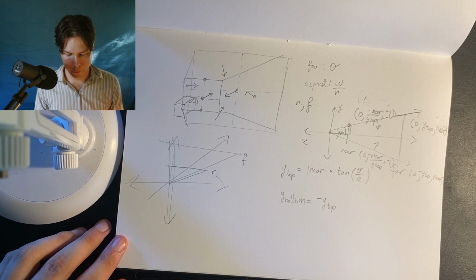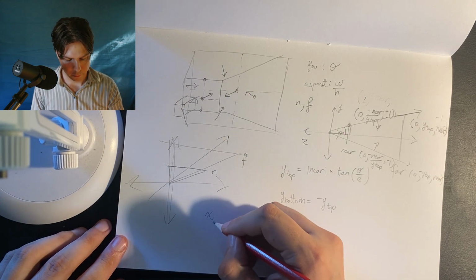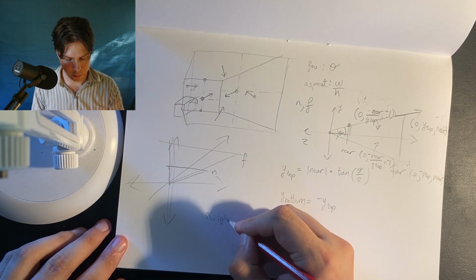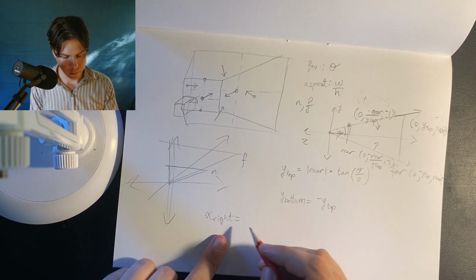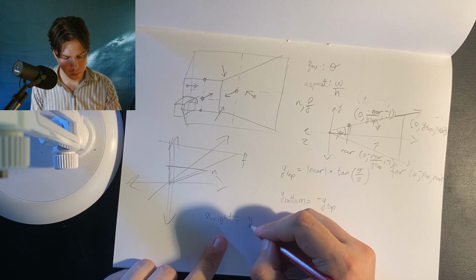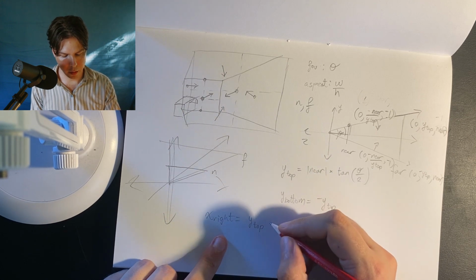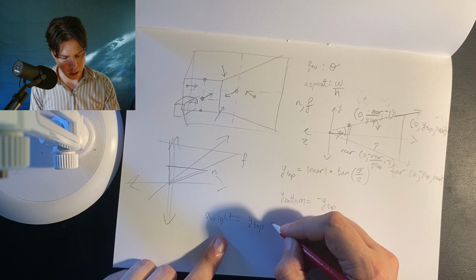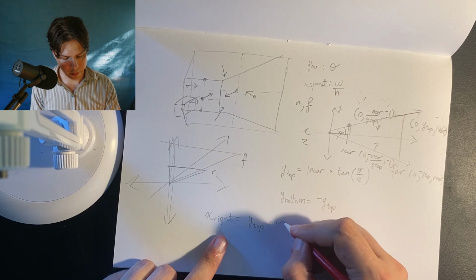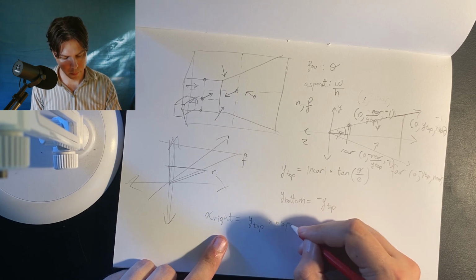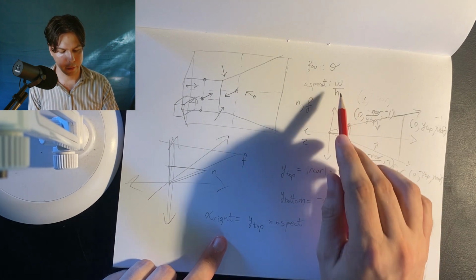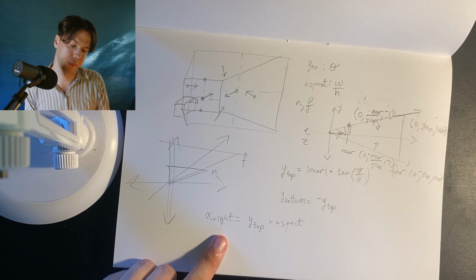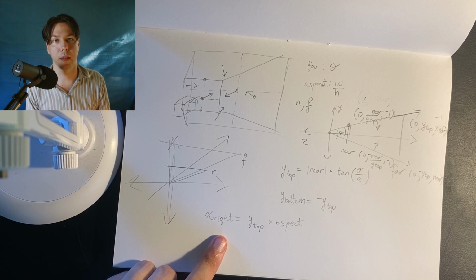So all we need to do to get the right component is take the top component, which we know will be positive, and multiply it by that aspect ratio, because that aspect ratio is a scale factor which will convert a height into a width.